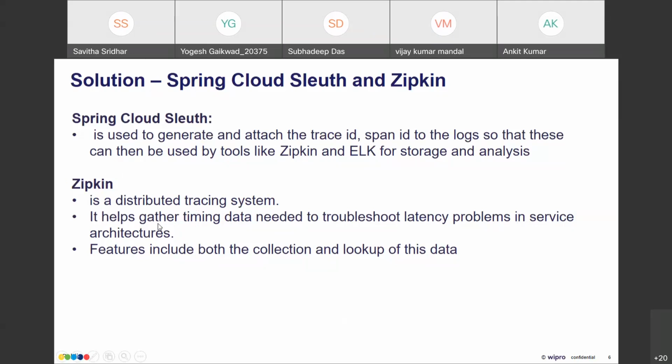It helps us gather the timing data needed to troubleshoot latency problems in your architectures. Zipkin will collect the data from Sleuth and depict it in a graphical format, so that you and I can use Zipkin as a monitoring tool to look up that data. That is what we are going to use: Spring Cloud Sleuth and Zipkin.